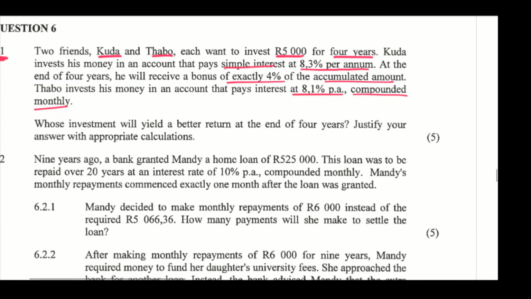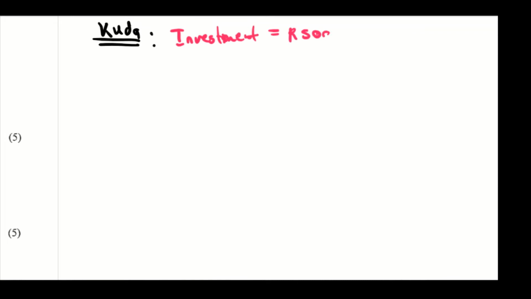Kuda invests 5,000 Rand at a simple interest rate of 8.3% per annum, right? So what we have is that the investment is equal to 5,000 Rand, and the interest rate is 8.3% per annum using simple interest.